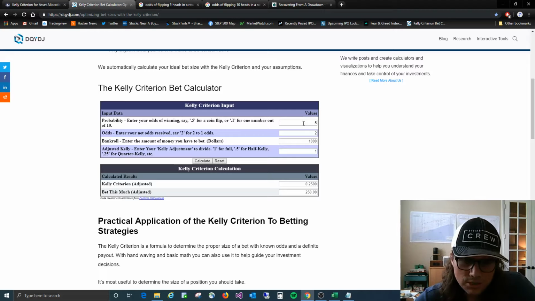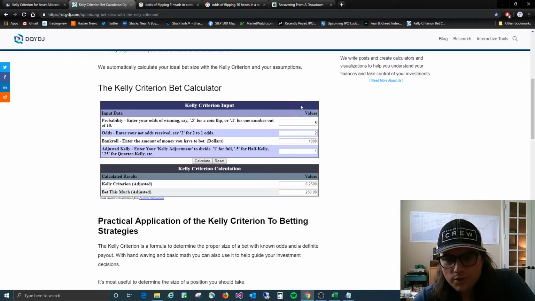The reason you do that: I'm going to show it for 3 different examples. If you had a system like a coin flip, with a 50% chance of winning and 2-to-1 odds, it gives you the optimal bet size, which would be 25%.